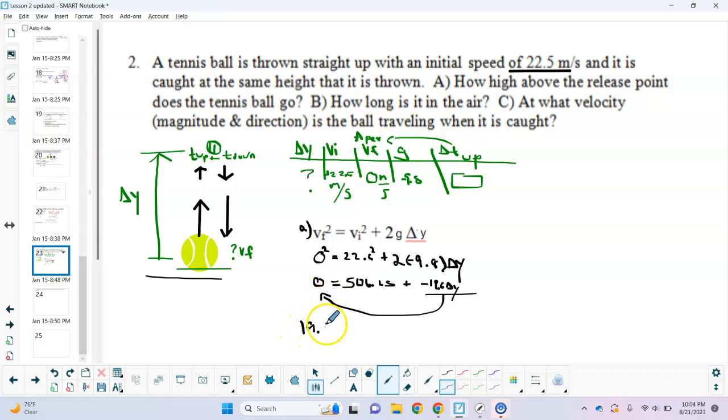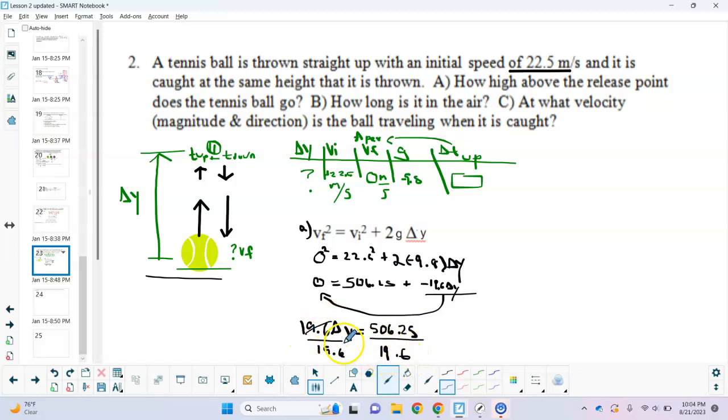So it's 19.6 delta y is equal to 506.25. And as you can see here, we're going to divide to get this solution. So we're going to divide through by 19.6. Again, I'm just showing you the work, showing you how you should show your steps.